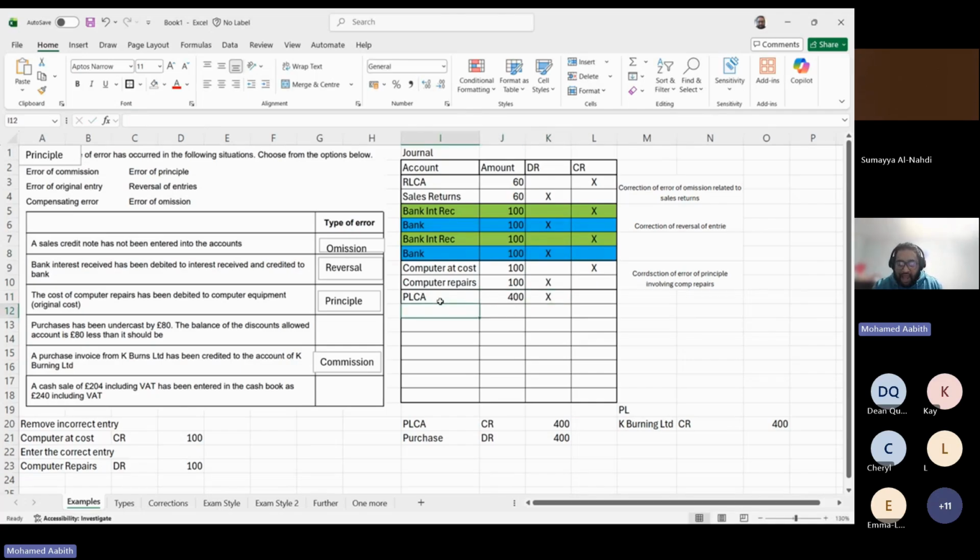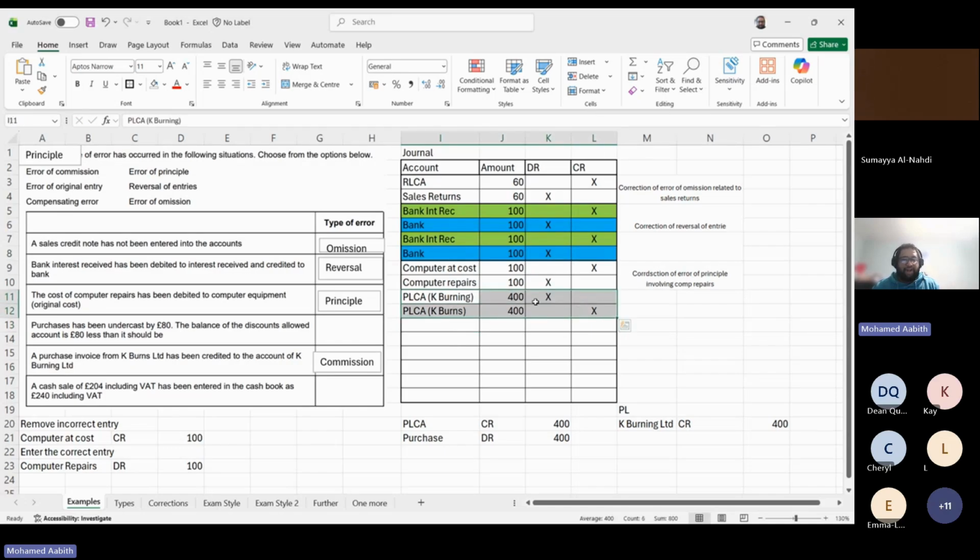And then again, we have to credit PLCA by £400 because this involves a subsidiary ledger account. In both scenarios, in the brackets, I'm going to say here K Burning, and here, the next one is K Burns. So in this scenario, what we have identified is that this error could have been corrected if I had done it this way.